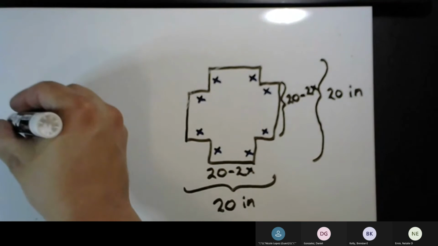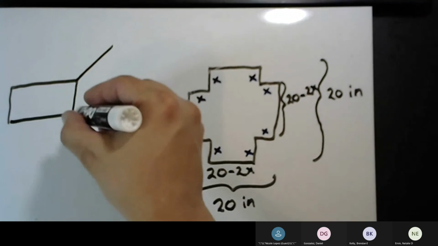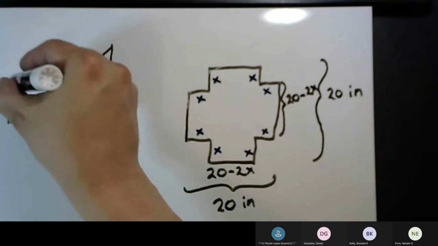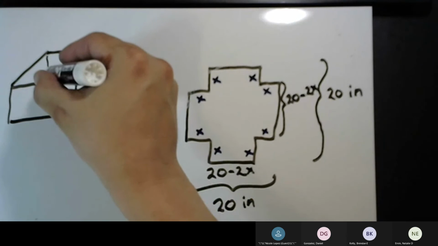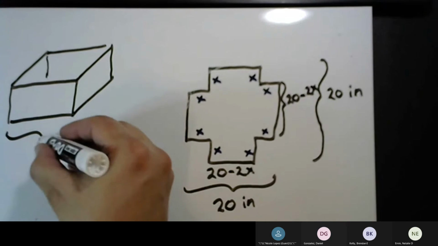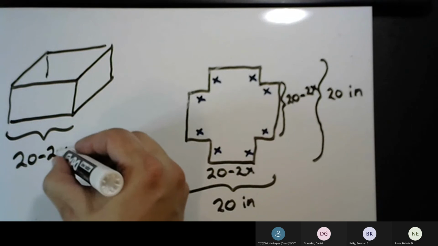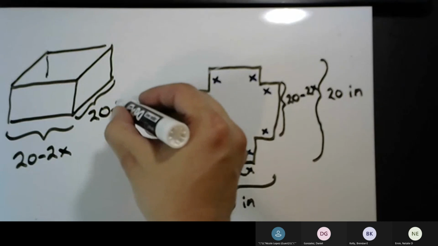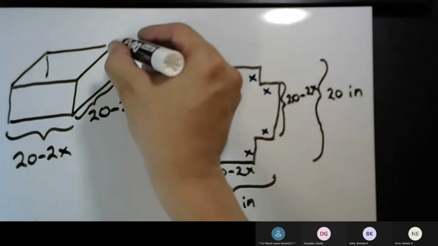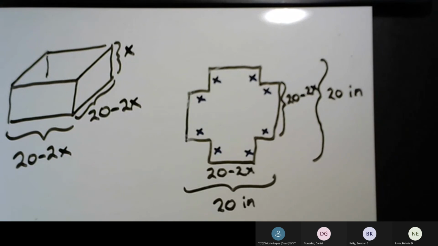If we fold this box up like we intend, what we're going to get is 20 minus 2x, 20 minus 2x, and x.